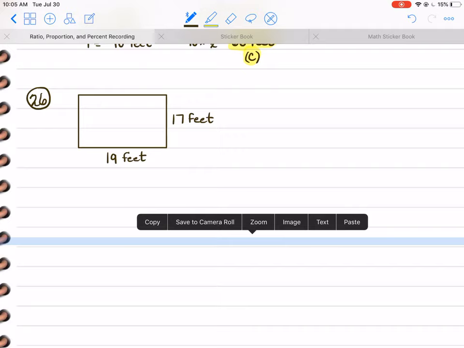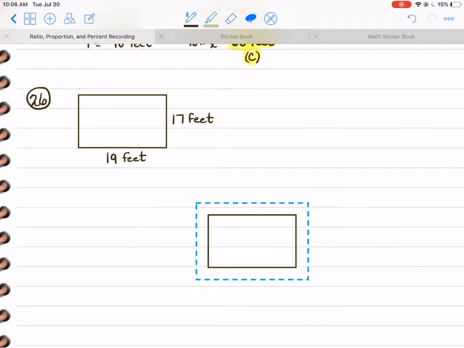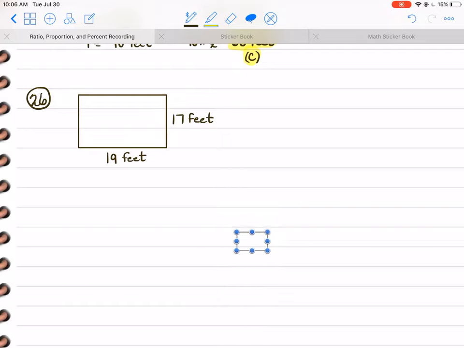And then they want me to scale down to a photo. So we're going to take the actual wall and take a picture of it. And in that scaled down version, the width is 0.5.